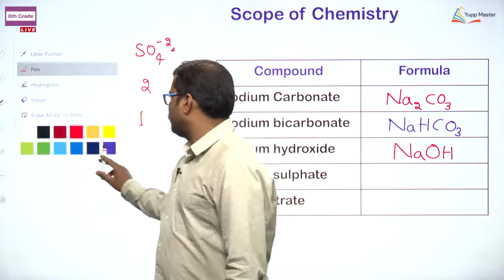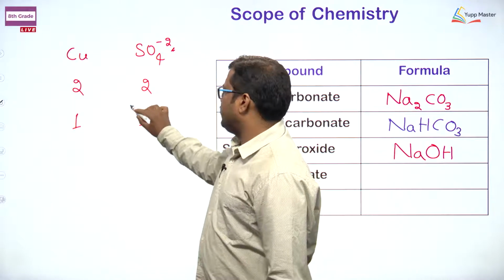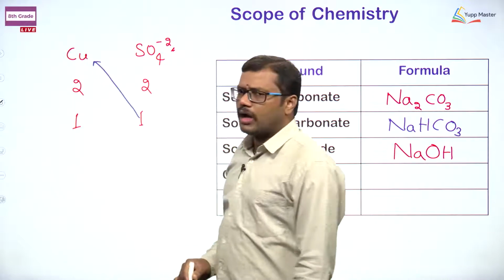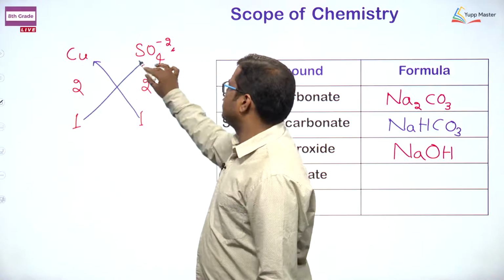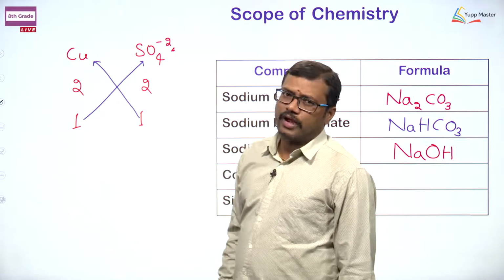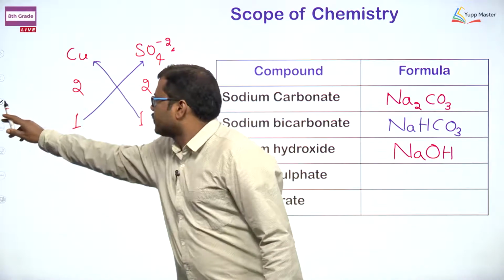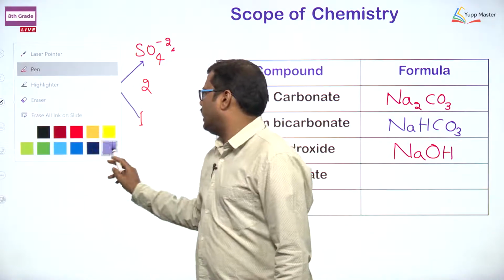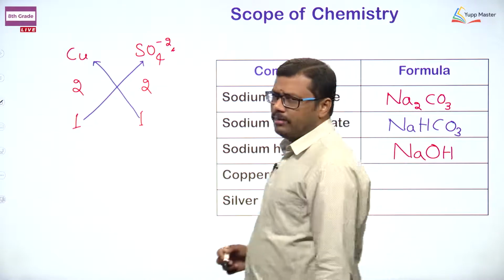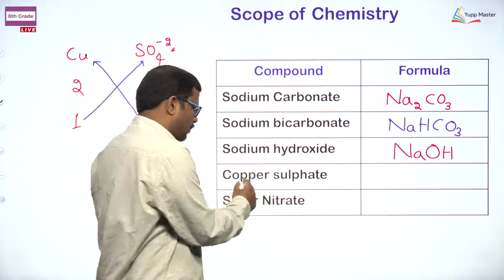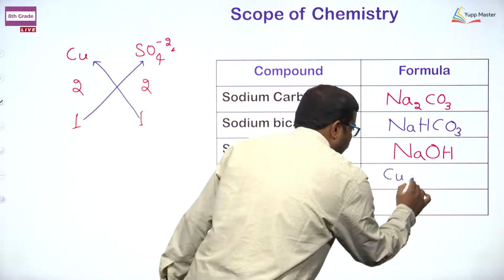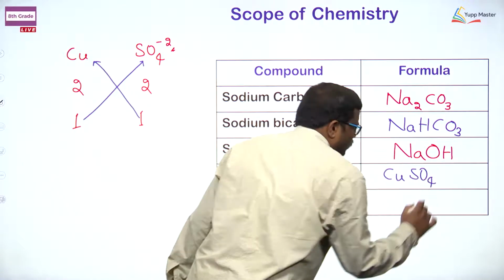So in that case, what we have to do? Exchange the valency of sulphate ion to copper, and similarly exchange the valency of copper with the sulphate. So it is 1 and 1 in both the cases. So we can clearly write the formula for copper sulphate as CuSO4.